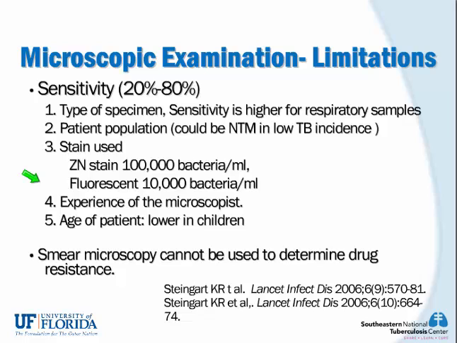And finally, sensitivity is less in children. It depends on the age of the patient. Older children tend to have more sensitivity, or the sensitivity increases in older children as compared to the younger age group. And finally, smear microscopy can tell you there is acid-fast bacilli, but it cannot determine the drug resistance, and this is one of the pitfalls.